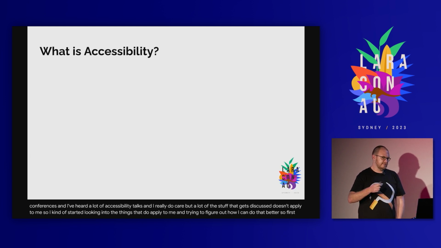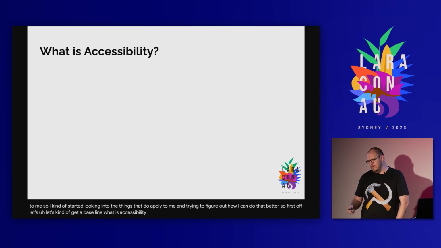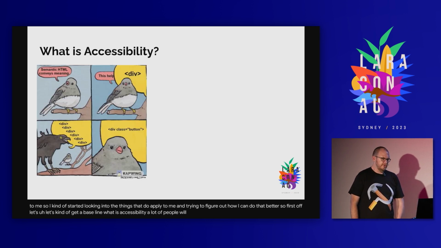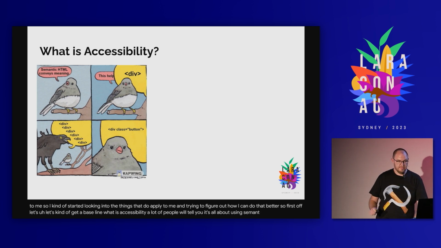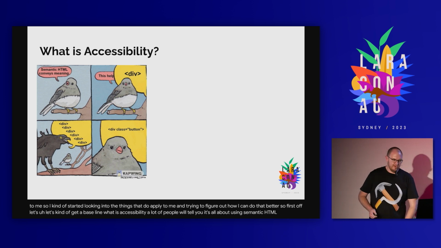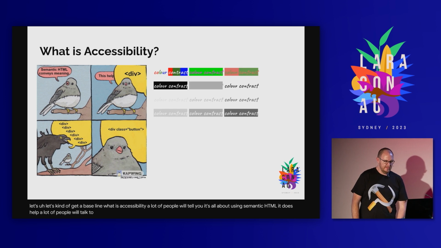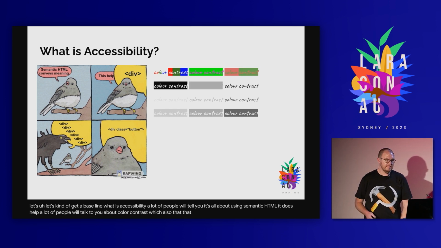So first off, let's get a baseline. What is accessibility? A lot of people will tell you it's all about using semantic HTML. It does help. A lot of people will talk to you about color contrast, which also comes into making accessible interfaces.